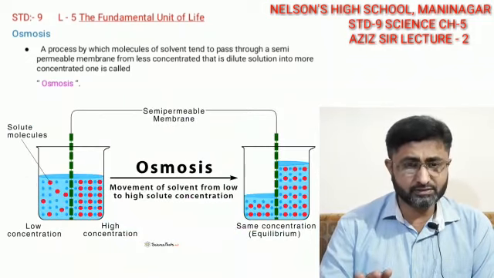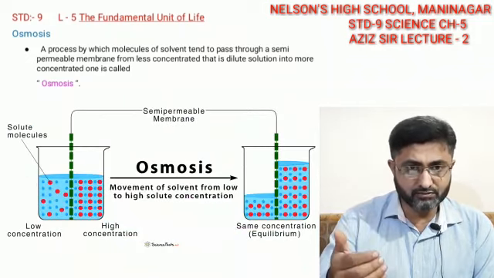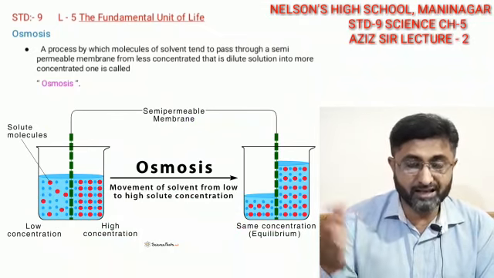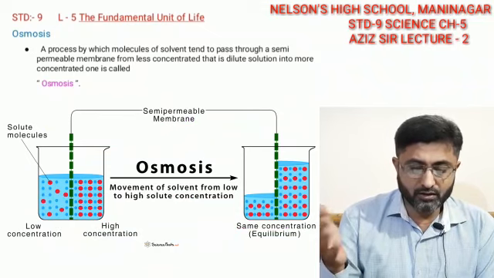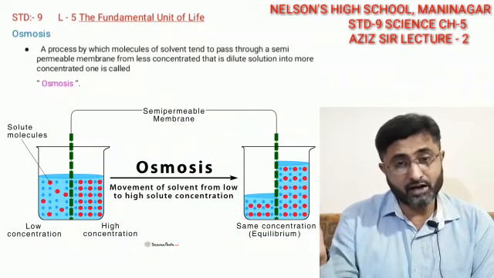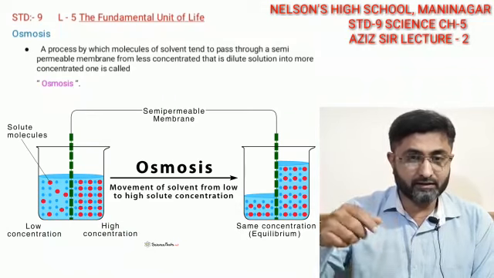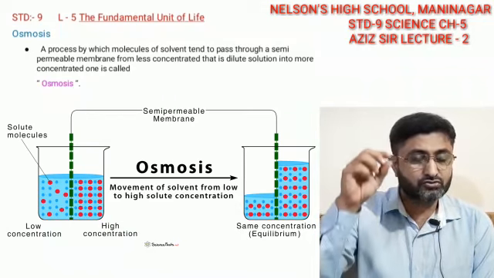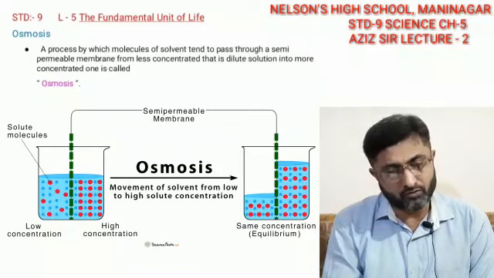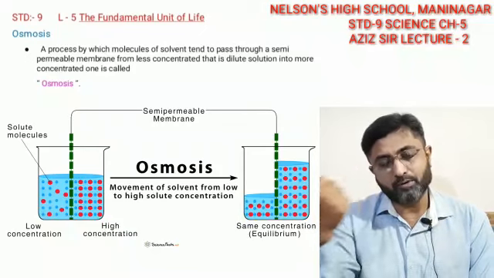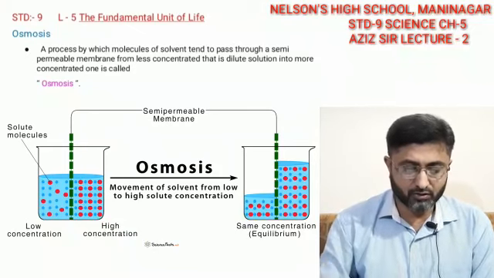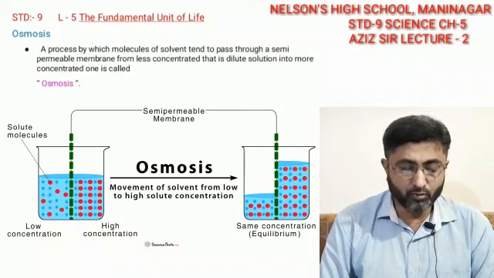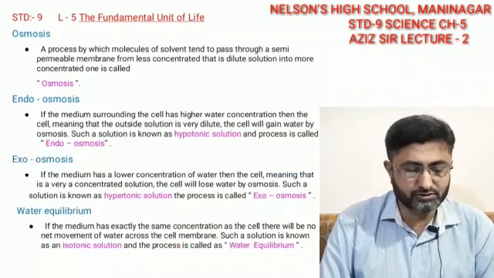Here the solvent is capable of passing through a semi-permeable membrane from a dilute solution, which means more solvent. If I say the salt solution is quite dilute, we understand the salt quantity is less and the amount of water is more. So more water passes toward less water, and this passing of solvent molecules is known as osmosis.